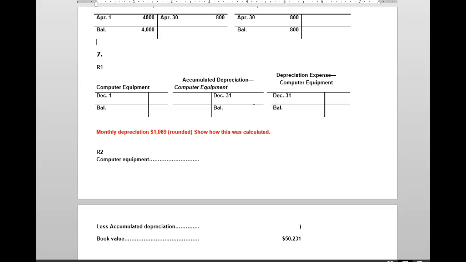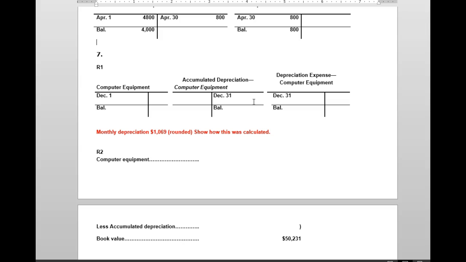So your depreciation expense is going to be $12,825 a year overall. And if you divide that again by 12 to find your monthly, you'll come up with $1,069, and they have rounded that. Okay, so you need to show me how that's calculated. Now, what are the requirements of this?